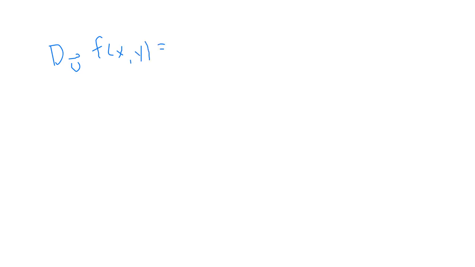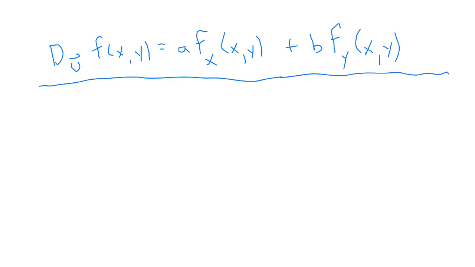Okay, it's going to equal a times the partial derivative of f with respect to x plus b times the partial derivative of f with respect to y. Okay. So let's take a few cases here.